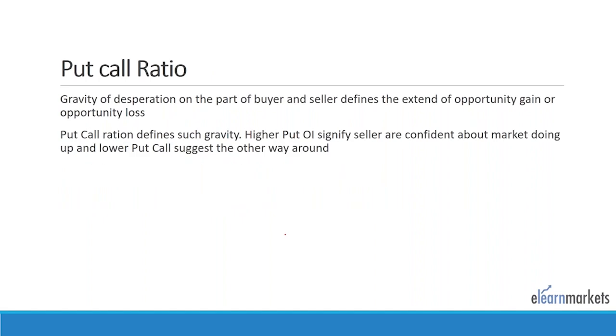Put call ratio, you would have heard about this as well, put call ratio. But to keep it in a very simple word, put call ratio is the ratio between open interest in put divided by open interest in call.